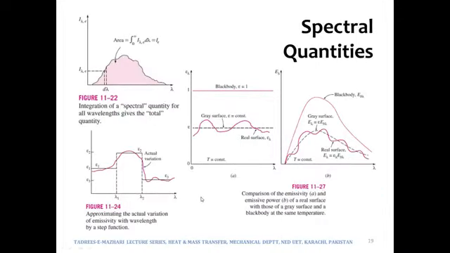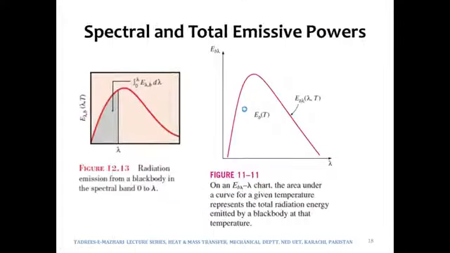Before we go on to solve a problem on this fraction topic that we have just discussed a couple of slides ago, let's have a look at some of the spectral quantities. What is meant by spectral quantities? First of all, we have got lambda over here and I lambda E over here. This is the sort of curve which would be the actual curve, and it would not be such a smooth curve.